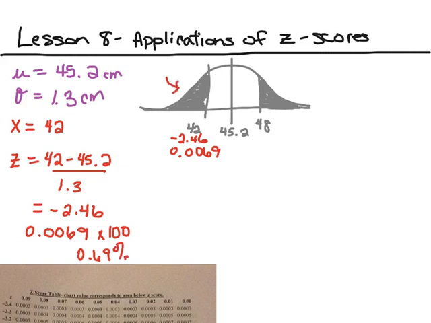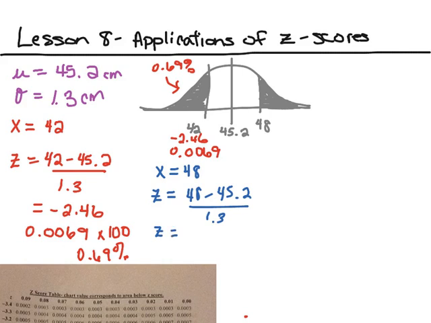So right here is 0.69%. Now we're going to find the other side. So x equals 48, z is equal to 48 minus 45.2 divided by 1.3, and you get 2.15.